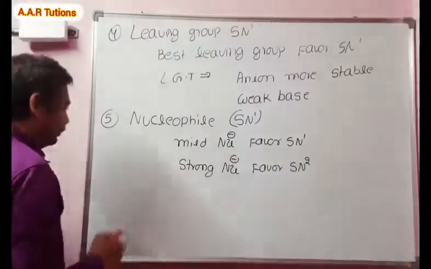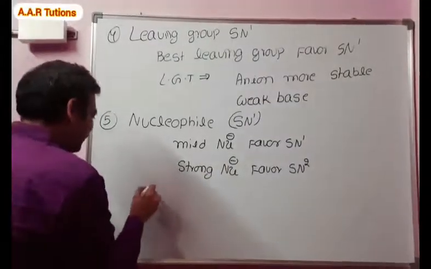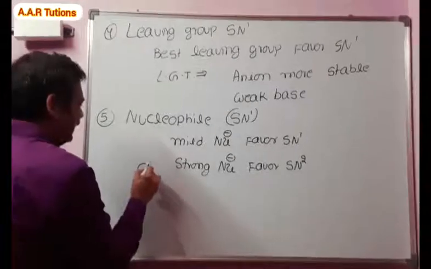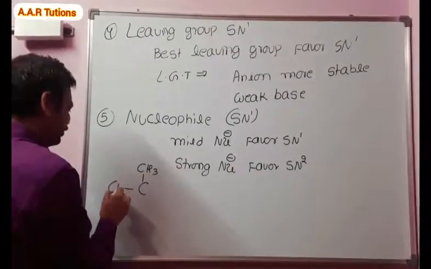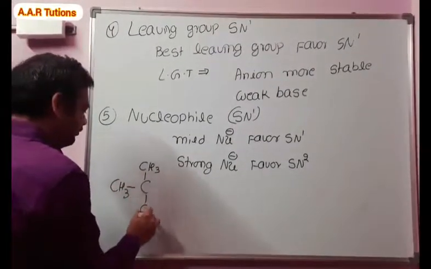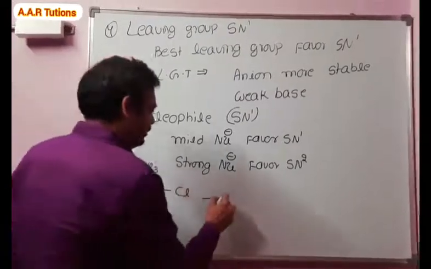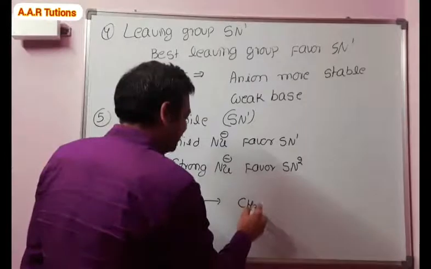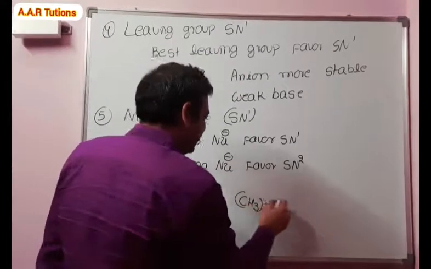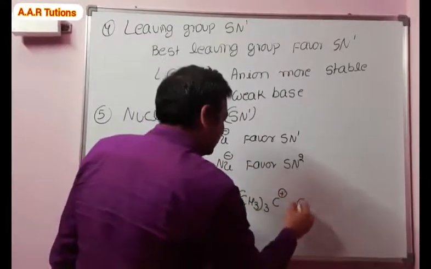Why? What is happening in SN1? Recollect the mechanism. In the first step, formation of the carbocation will take place: CH3, C plus and Cl minus.